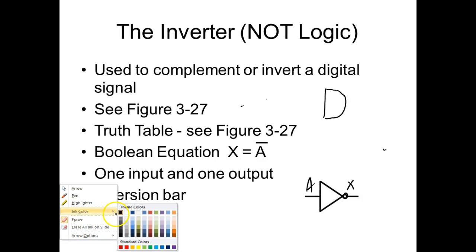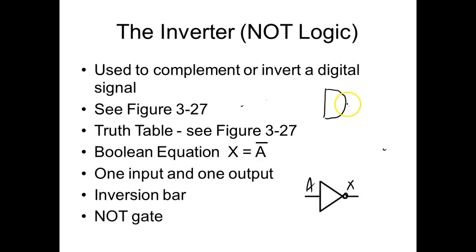Now let's say I take this inverter and put it on the output of an AND. And there's X right there.